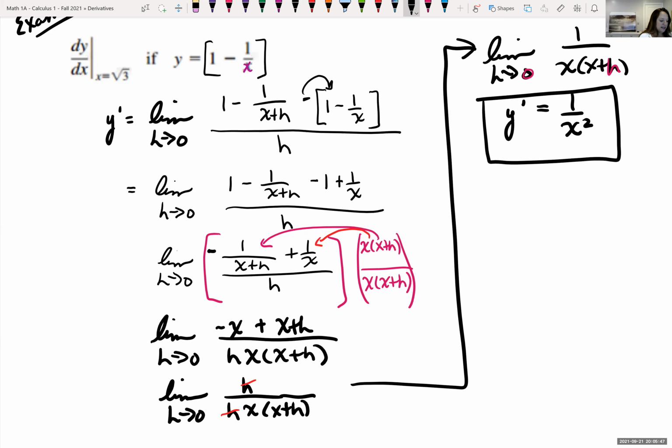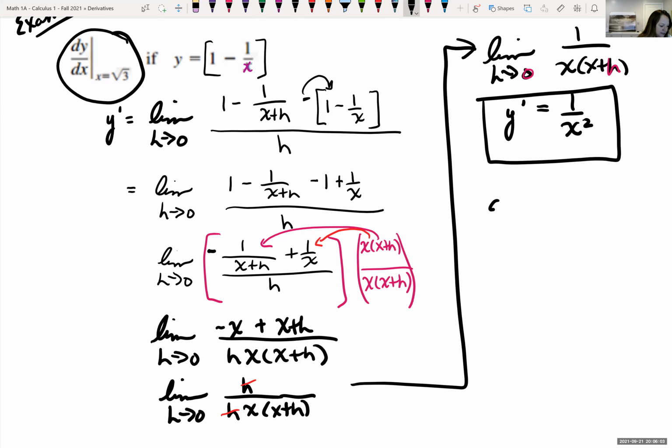So it told us that we wanted to find dy dx. It has that vertical bar, and then x equals the square root of 3. That's telling me I want to evaluate my derivative when x equals root 3.